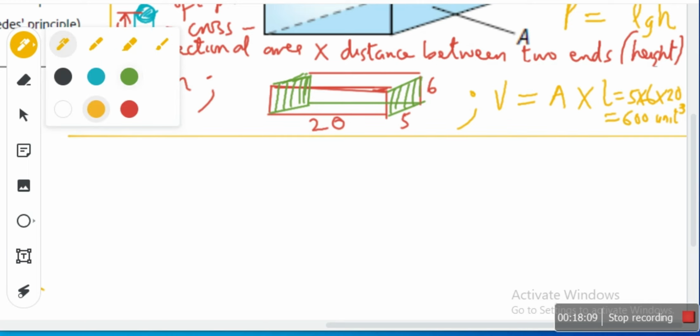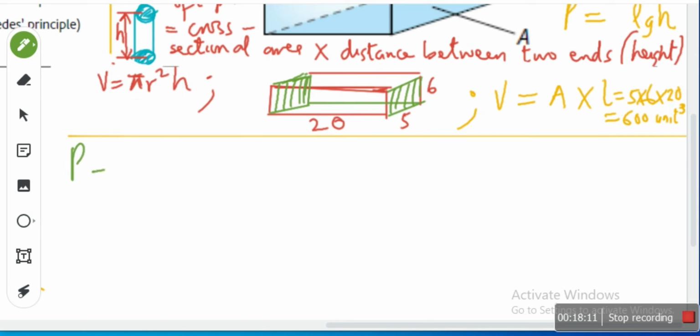So we have discovered that pressure in fluid is rho gh. So it depends on what factors? It depends on density, and gravity is a constant. Gravitational field strength is g, and then the depth.